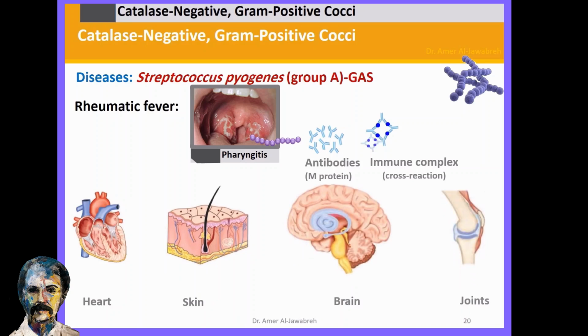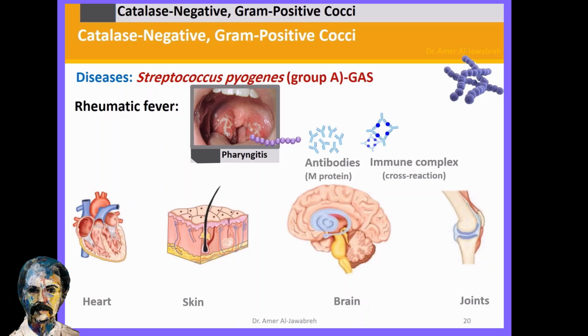So if you have pharyngitis, then rheumatic fever, then you wait a little bit, antibodies form against the M protein, which we talked about, immune complex forms, and this immune complex cross-reacts with tissue of some organs in our body, including heart, skin, brain, and joint.